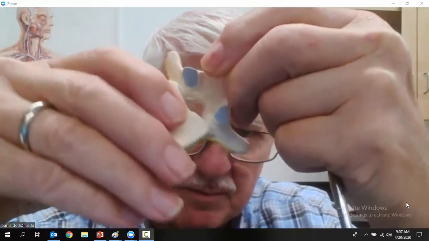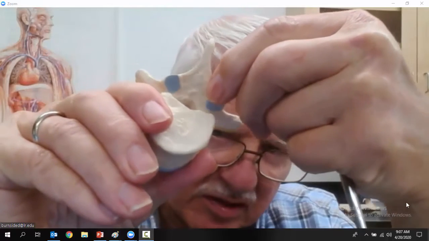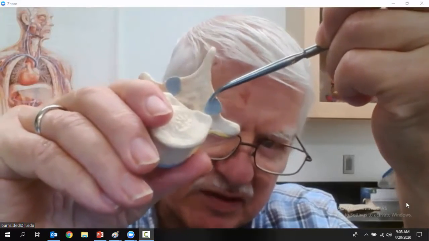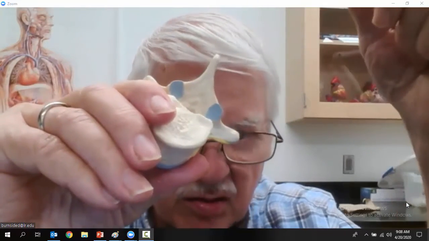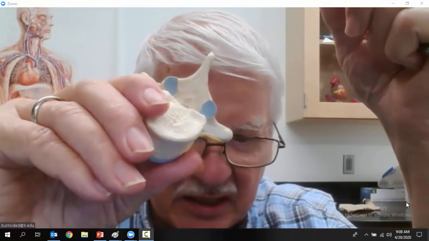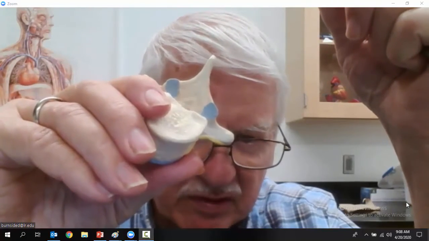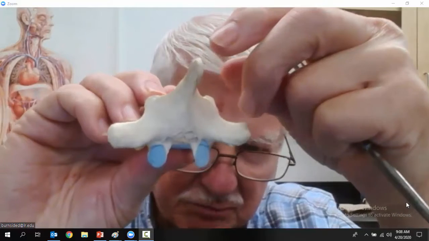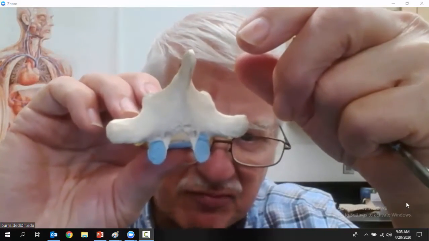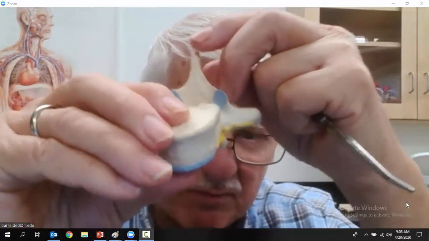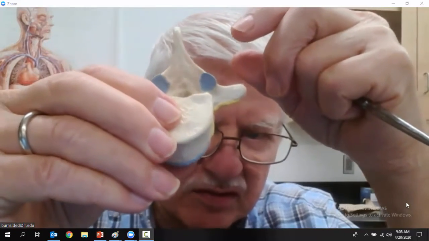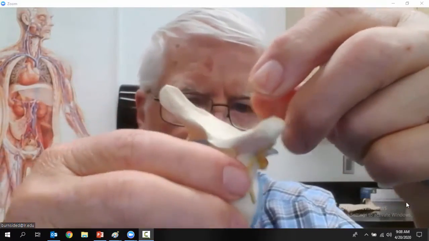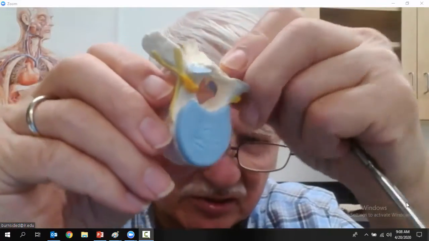And then down here we have the inferior articulating facets. These are inferior because they're on the inferior side, and they articulate with the vertebra below them. So you have four articulating surfaces: two superior articulating facets, and on the bottom two inferior articulating facets.